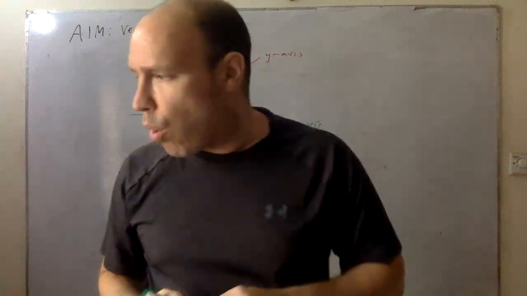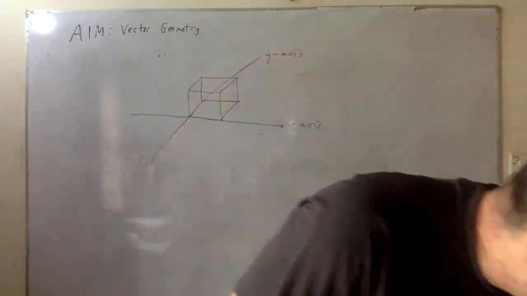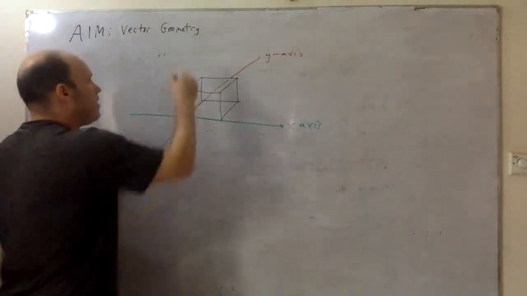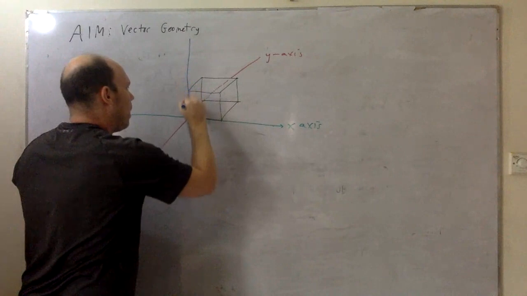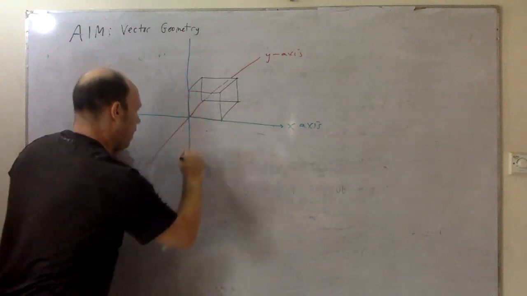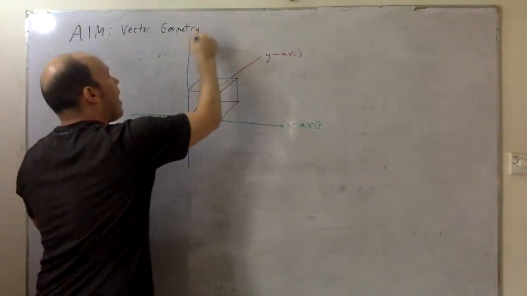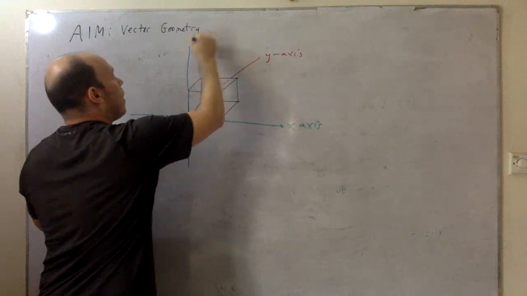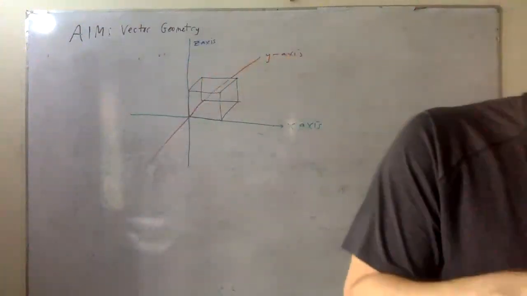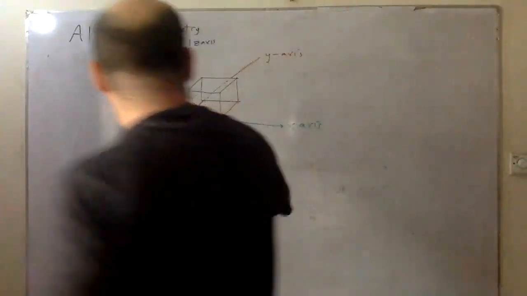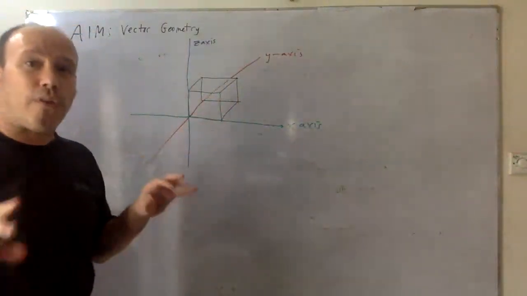And now with the blue marker, or another marker of your choice, let's see if I can find my blue marker. Here we go. Now we have our z-axis. This is our z-axis. Okay, and if we think about this, let's talk about 3 space. So the question is, let's assume that this is not a perfect cube.